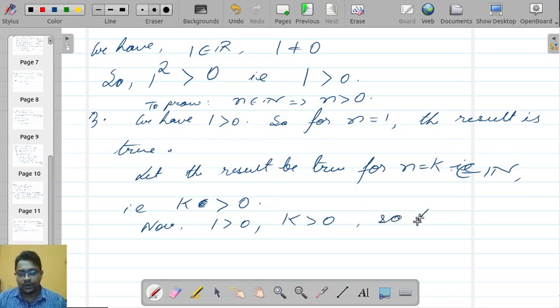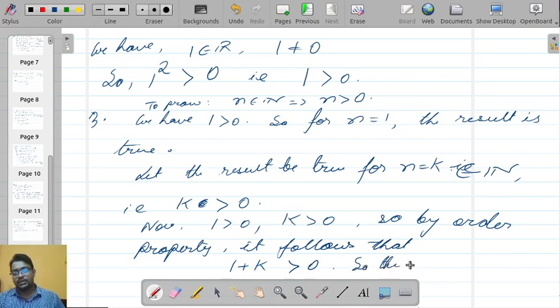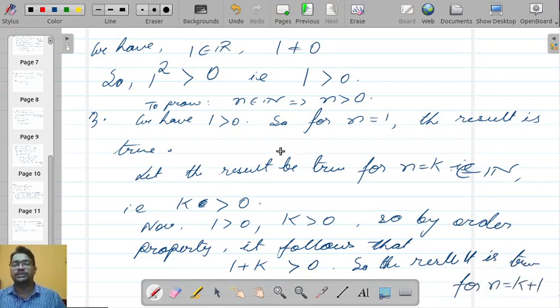So by order property, it follows that 1 plus k is also greater than 0. So the result is true for n equal to k plus 1. If we assume that the result is true for n equal to k, then it is also true for n equal to k plus 1.